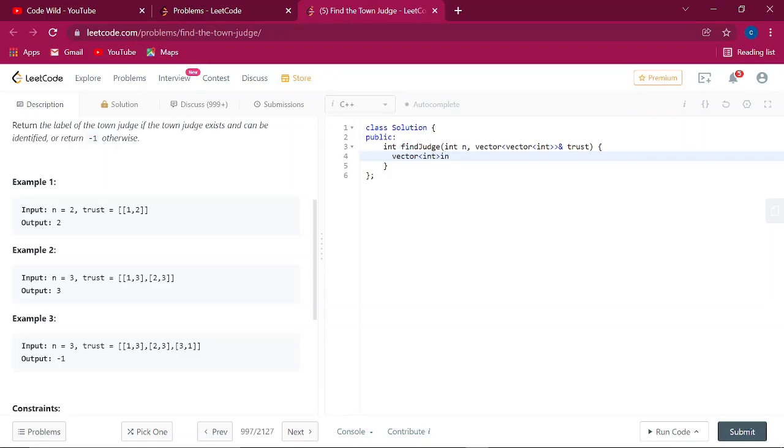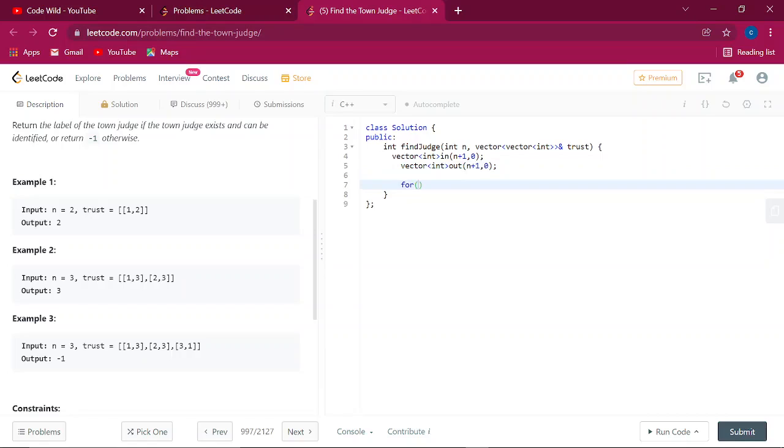So let's take int in of n plus 1, with an initial value of 0. And int out of n plus 1, and 0.